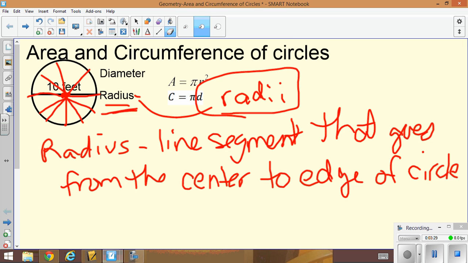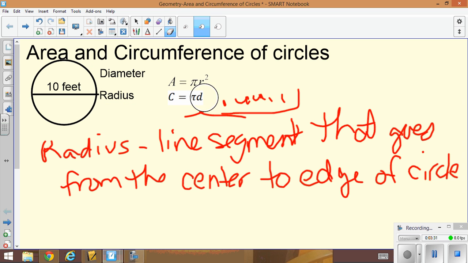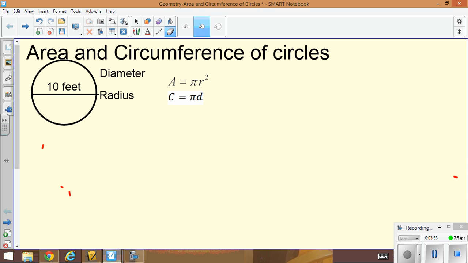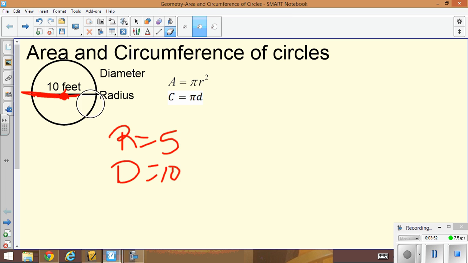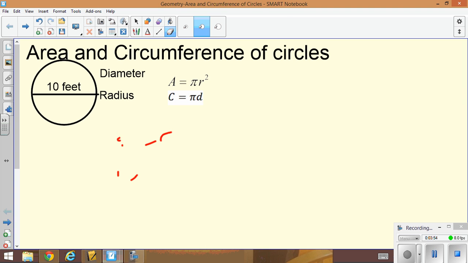So what do you notice about the radius and the diameter? Hopefully you can see that the radius is only half. The radius goes from center to edge. So if the radius equals 5, that means the diameter equals 10, because the diameter is the whole line. It's another half. So you may want to write that down in your notes too.